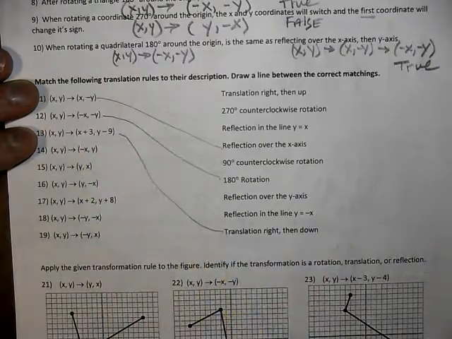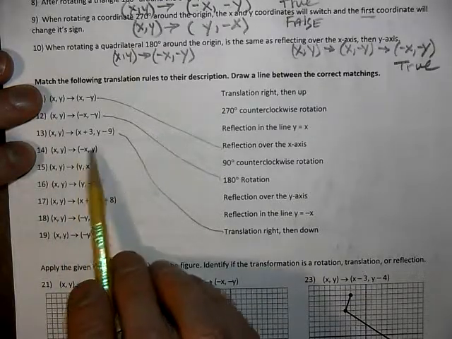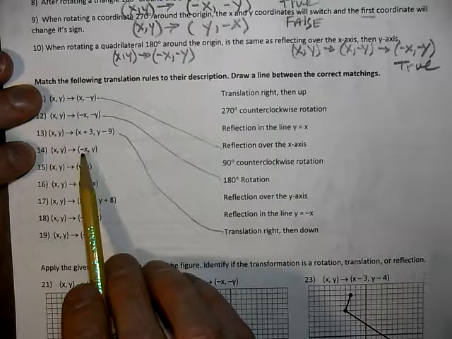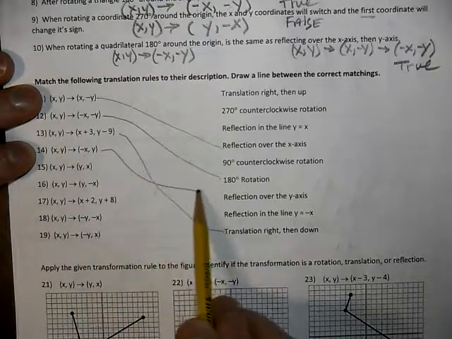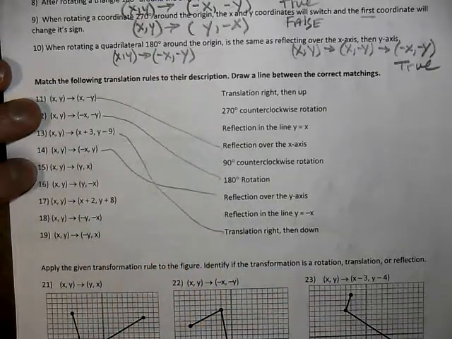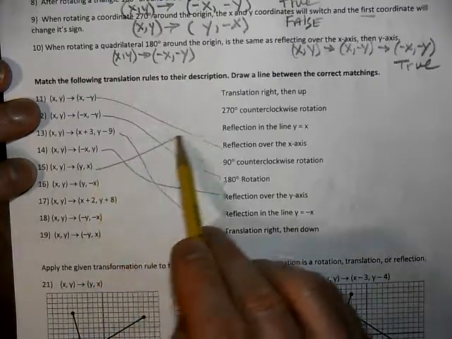It goes to the right and then down. Here, just the left side has a negative, so we know it's a reflection over the y-axis. They're just switched, so we know that it's y equals x.